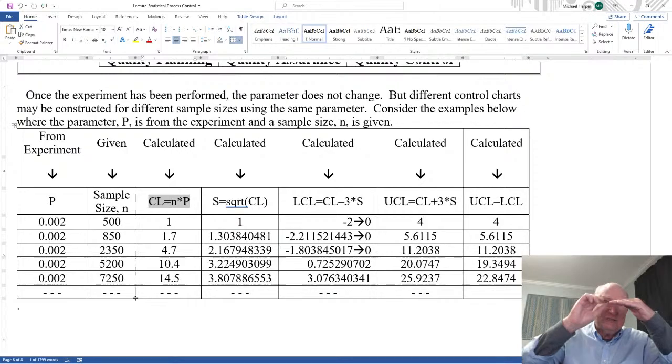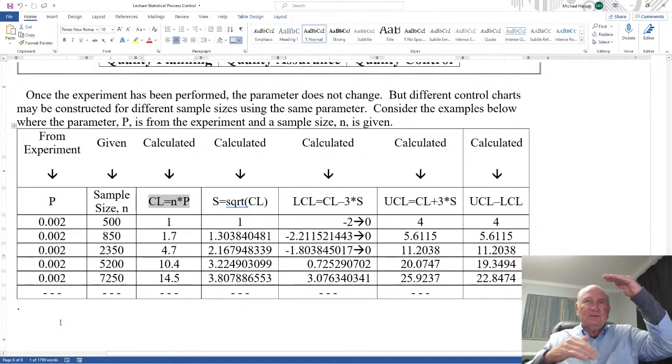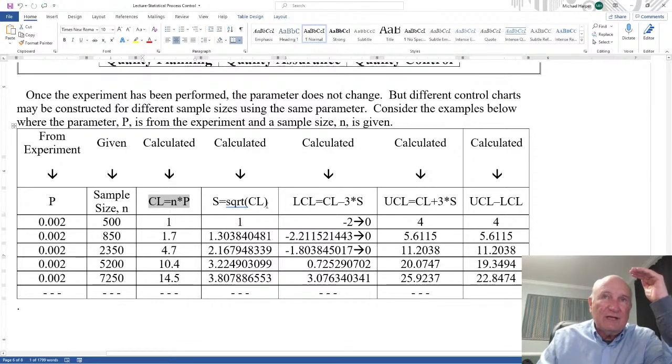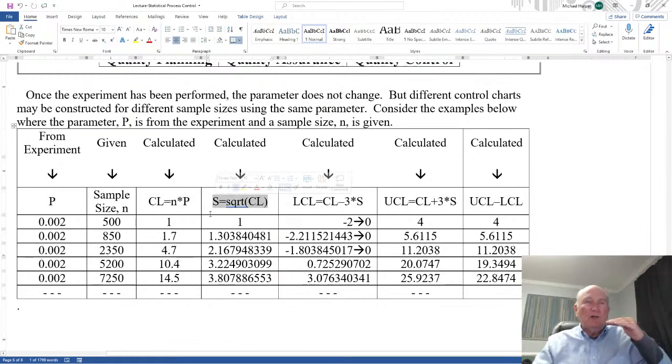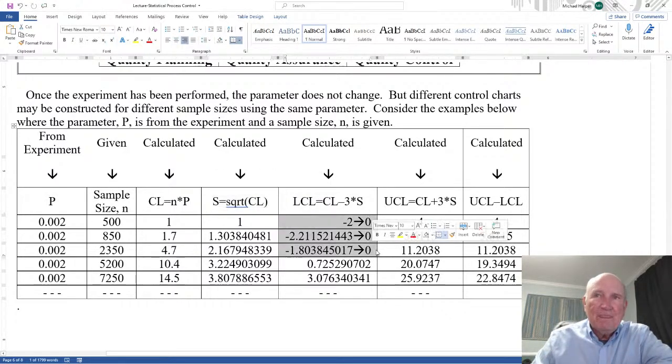Now, as I increase this, notice as n increases right here, since the center line is directly related to n, my center line is going up. Okay, for the P chart the center line stayed still, and just when the sample size increased or decreased, the size of the chart changed. But for the C chart, the actual center line increases when the sample size increases. But if that increases, the standard deviation also increases. So not only does the center line increase, but the chart gets bigger. Interesting. And so over here, this is down to 0, because negative, negative, negative gets 0. And then I get positive here.